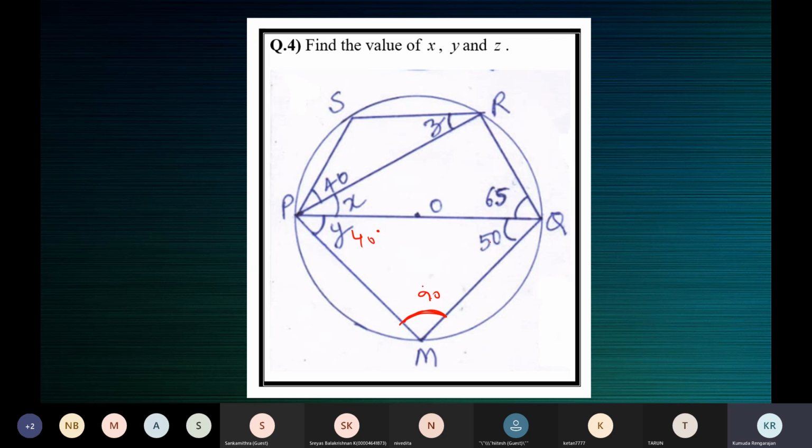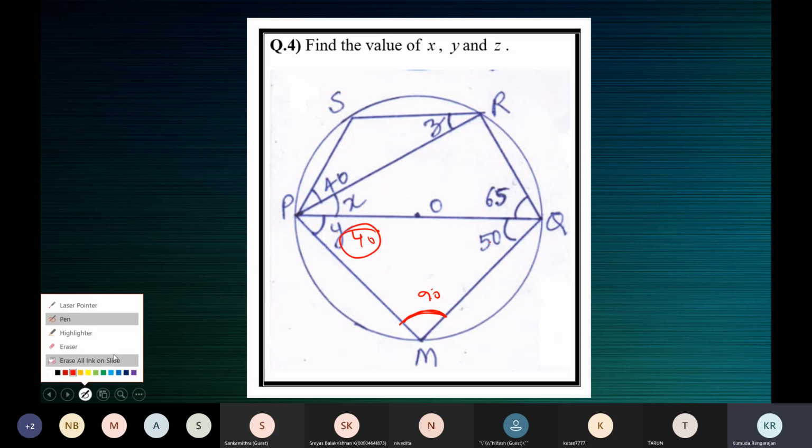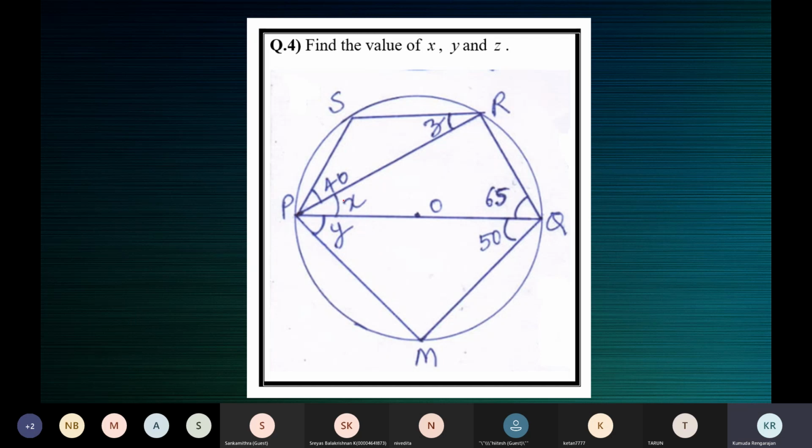This is 50. So 90 plus 50 plus Y is equal to 180. Y is equal to 40 degrees. We can also use the property in a cyclic quadrilateral: opposite angles are supplementary. This one and this one, they're supplementary. In cyclic quadrilateral PRQM.